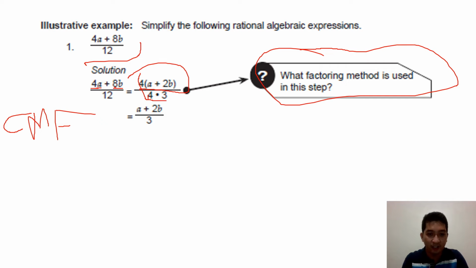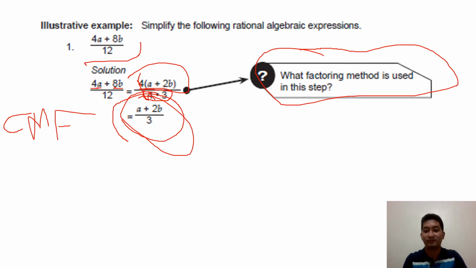So, we have 4 and 3. Ito yung nakita natin. And then, simply, pwede natin i-cancel yung 4. And then, anong matitira? We have a plus 2b all over 3. This is the simplest form of the rational algebraic expression for 4a plus 8b all over 12. So, this is your answer. Clear? I hope it is clear.